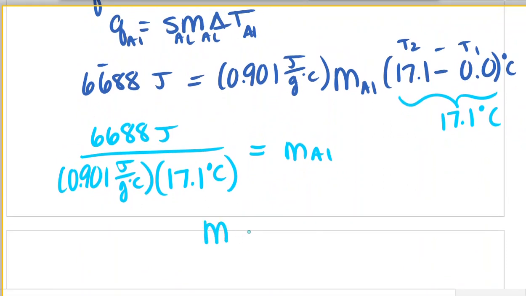And I get a mass of my aluminum is, to 2 significant figures, it comes out 4.3 times 10 to the second.